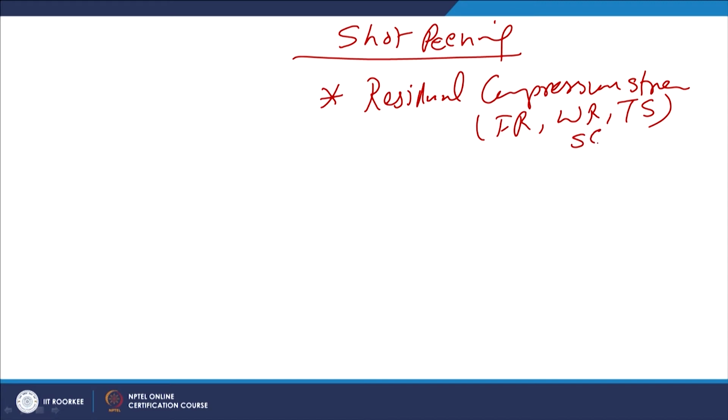This also helps to enhance the stress corrosion cracking resistance. So, this is one of the main objectives. At the same time, whenever shot peening is performed, near surface layers get deformed.